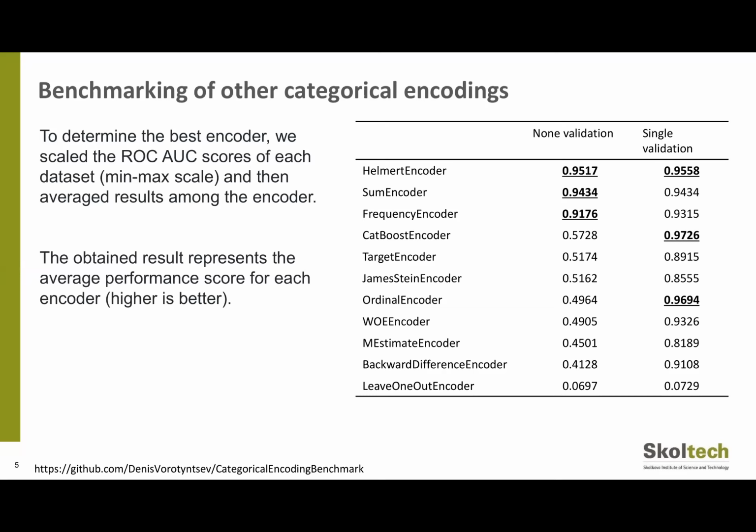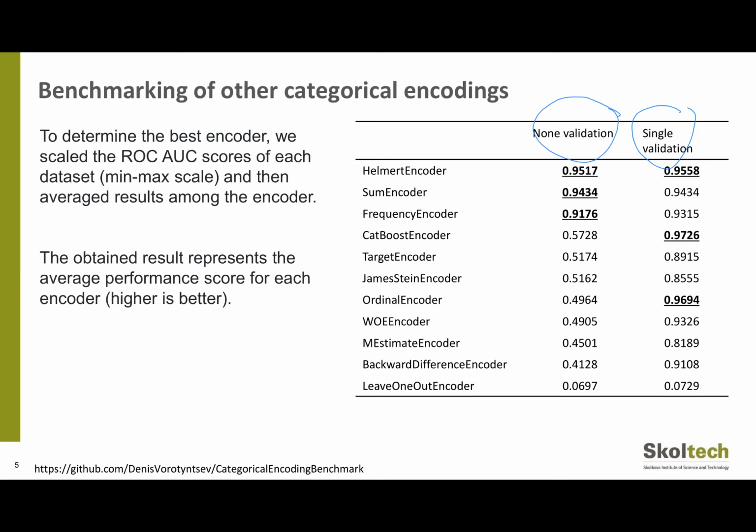And then he averages results among all encoders. So we can compare average performance scores for each method, and you can see that, okay, I will deep dive into this validation type a bit later, but basically you can see that performance is pretty different.